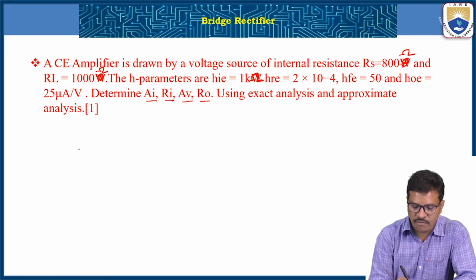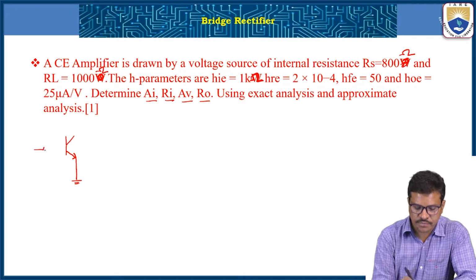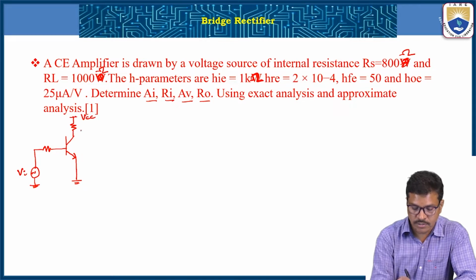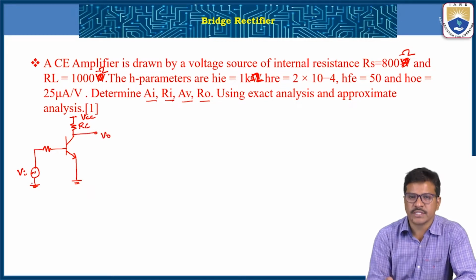We know that this is a CE amplifier, transistor CE configuration. In this transistor CE configuration we have VI, VCC, RC, the output voltage, input voltage.